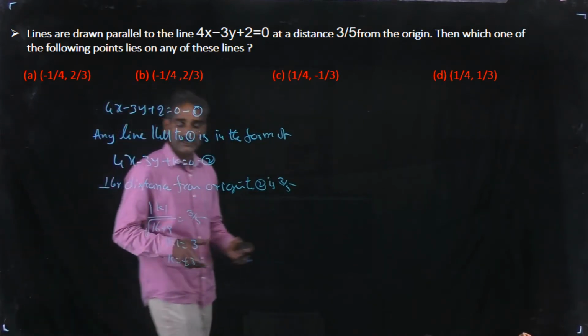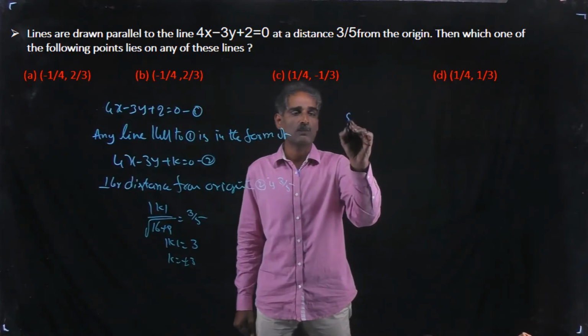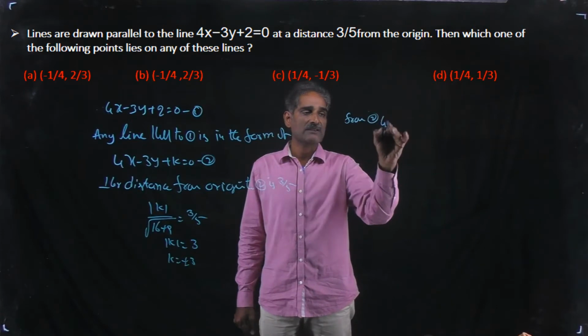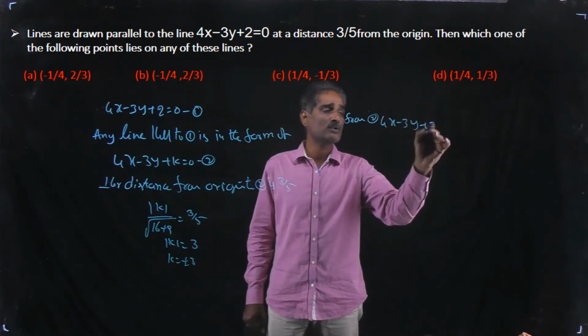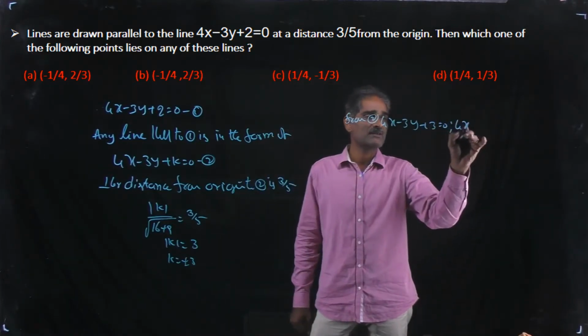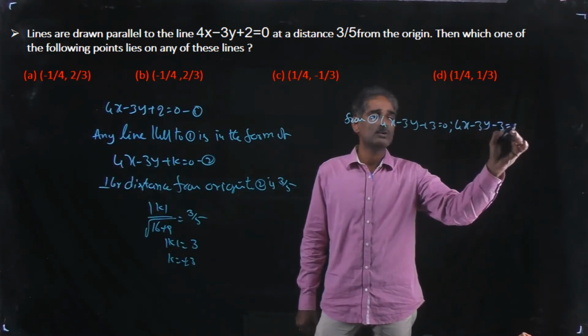Now we will get two equations from 2: 4x minus 3y plus 3 equal to 0 and 4x minus 3y minus 3 equal to 0.